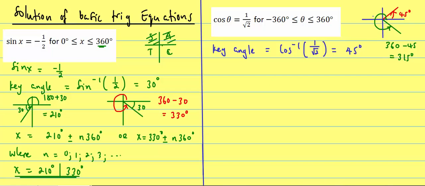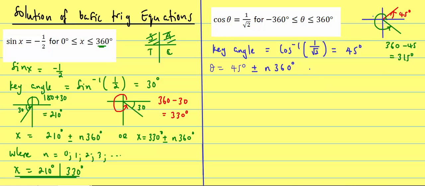Okay, so I'm now in a position to write down the two general solutions to my equation. So the first one is going to be this one here, 45. I'm saying that theta is going to be equal to 45 degrees plus or minus n times 360 degrees, because cosine also repeats itself after 360 degrees.